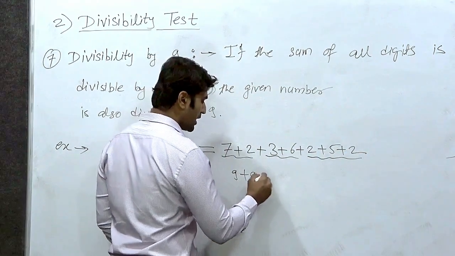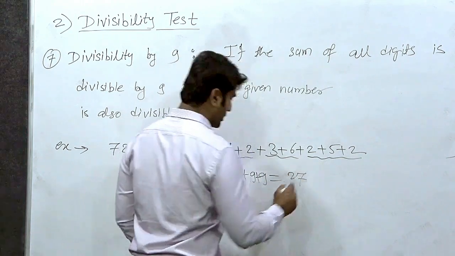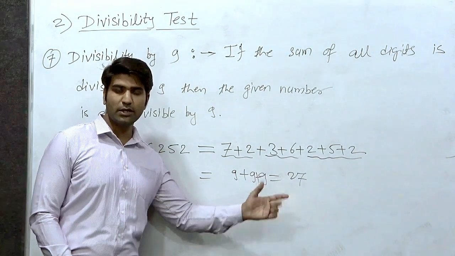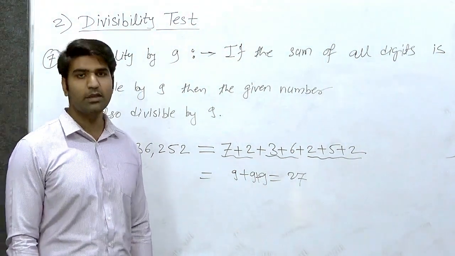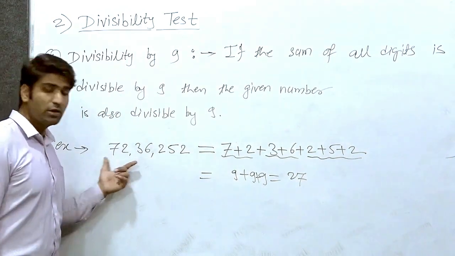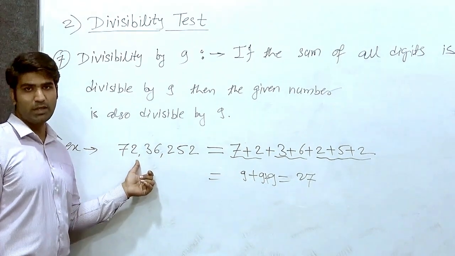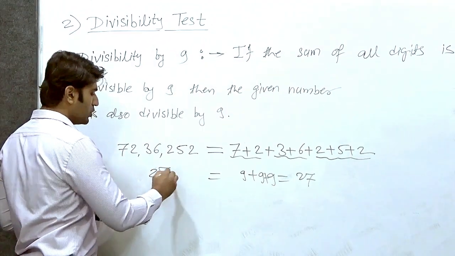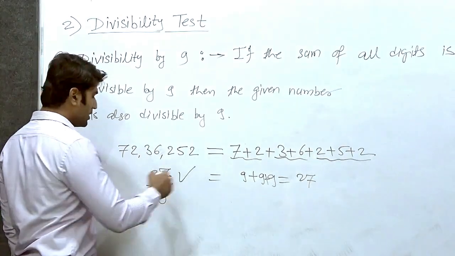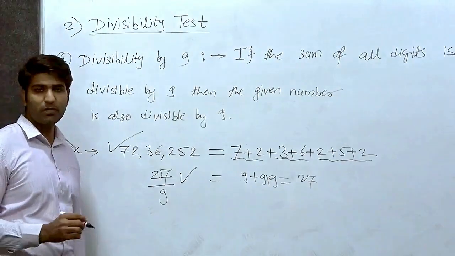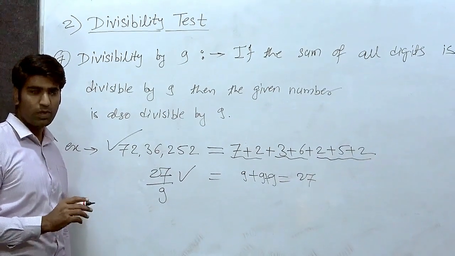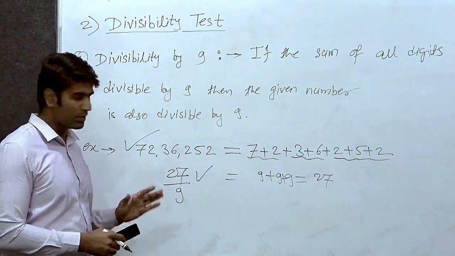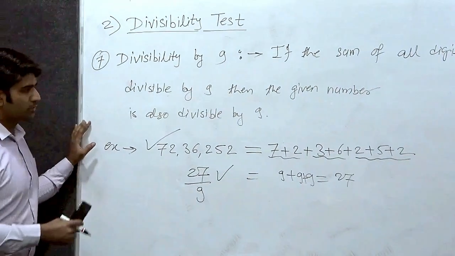So 9 plus 9 plus 9 is equal to 27. The sum of all digits is 27, and 27 is divisible by 9. Therefore, the given number is divisible by 9. So it is the same as 3. This is the divisibility test for 9.